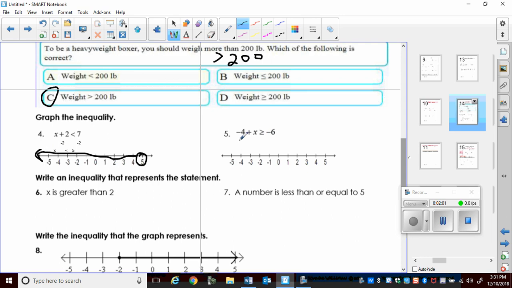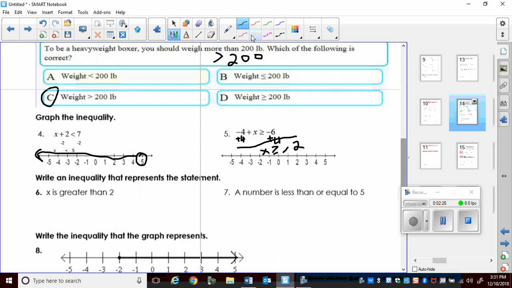For the next one, you add 4 to both sides. That's going to leave me with x is greater than or equal to -2.